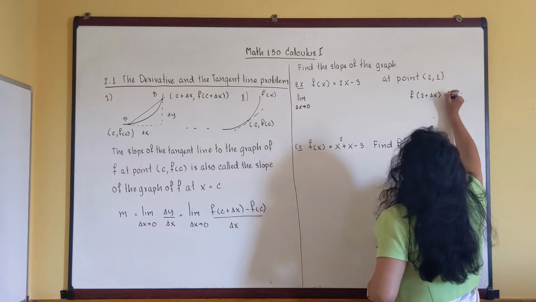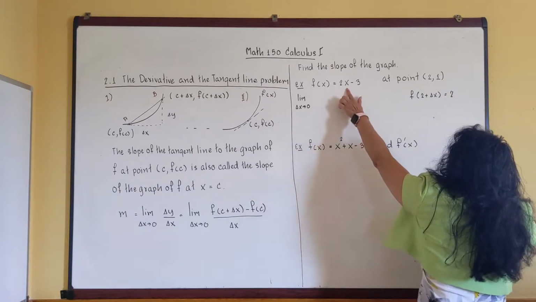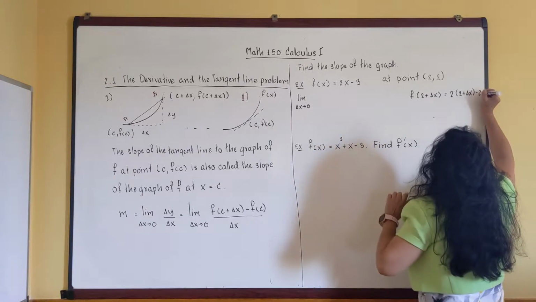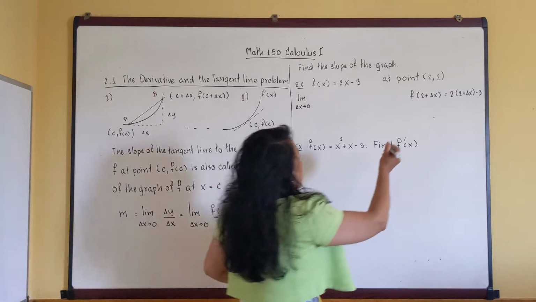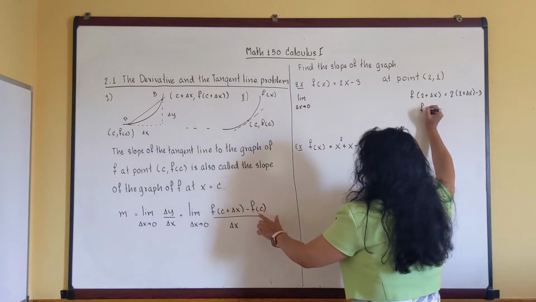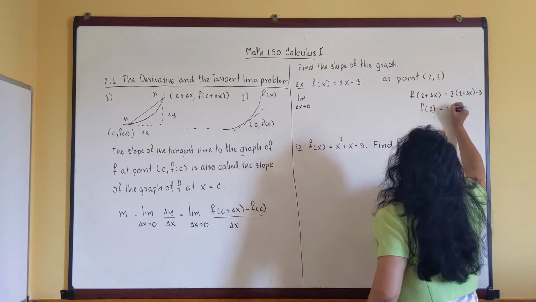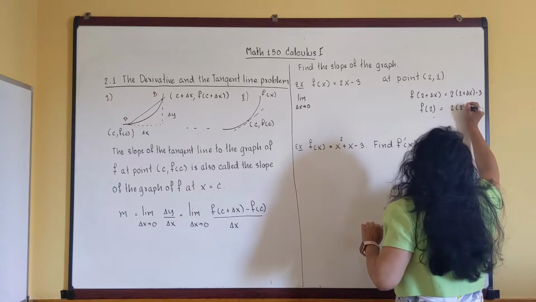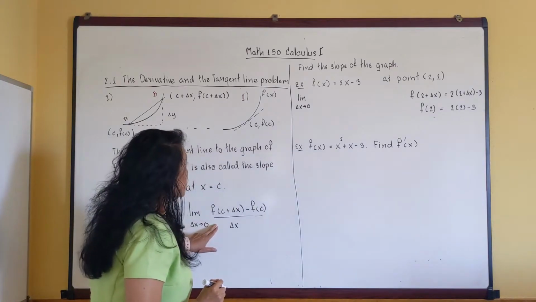So you're going to have, instead of x, you replace it by 2 plus delta x, minus 3. That would be your f of 2 plus delta x. Your f of c here will be f of 2, which, replacing x by 2, will be 2 times 2 minus 3. Alright, so I'm going to put this in the formula here.